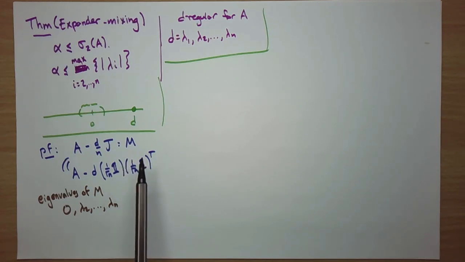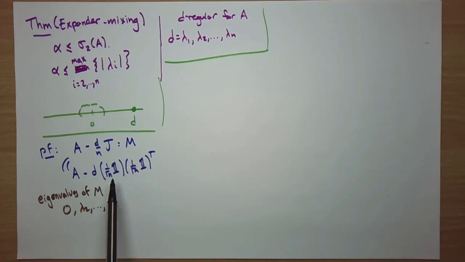We just happen to be in a very nice situation where we know what the all ones looks like. So what happens to that eigenspace? It was originally associated with the eigenvalue d. Now it's with d minus d, which is 0.